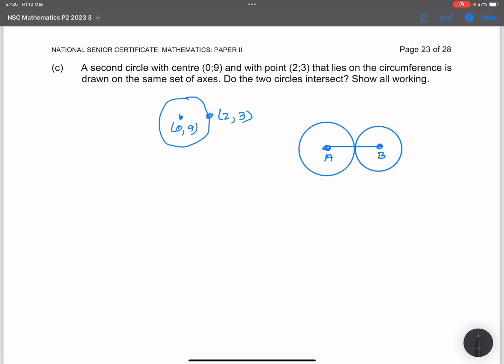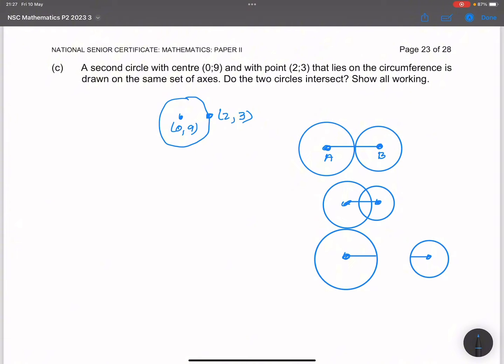If that distance becomes smaller than the sum of their radii, then they intersect. If my circles look like this, then the distance between their centers would be less than the sum of their radii. But if they don't intersect, if I've got two circles like this, then their distance would be greater than the sum of their radii.